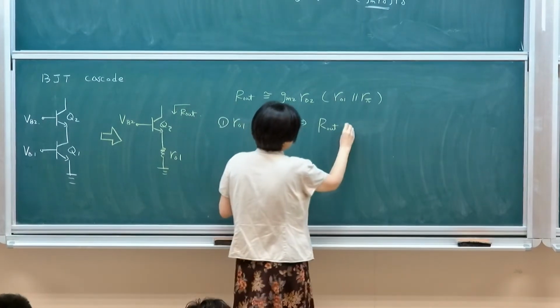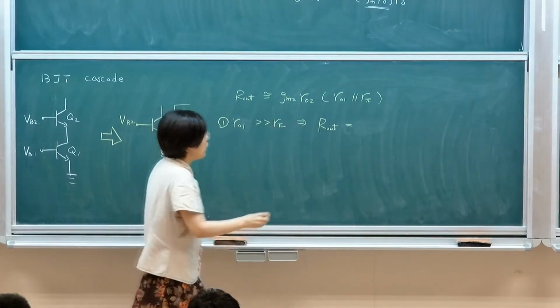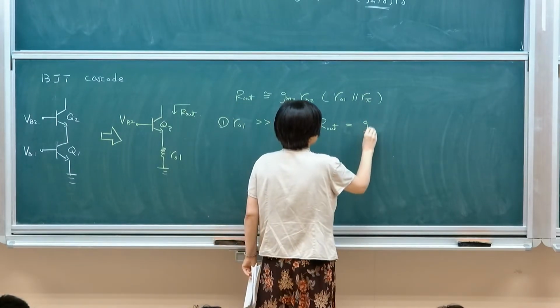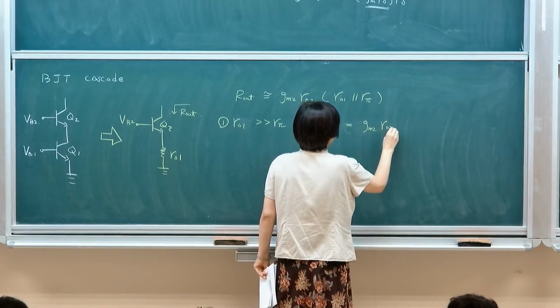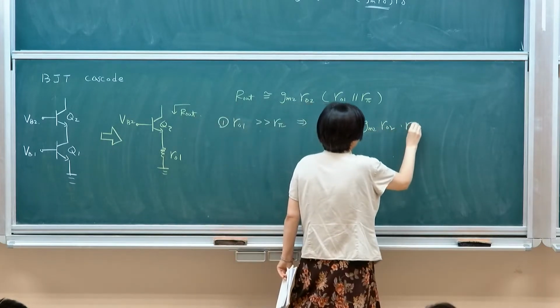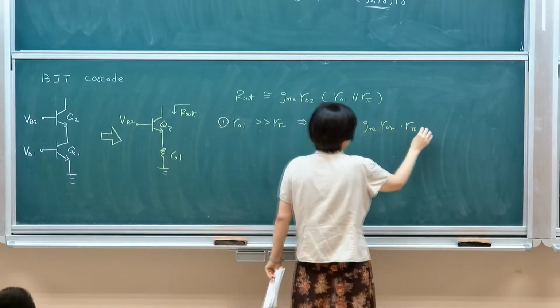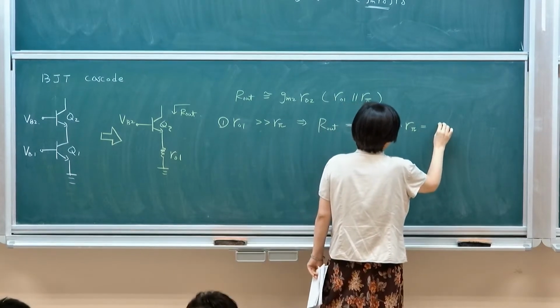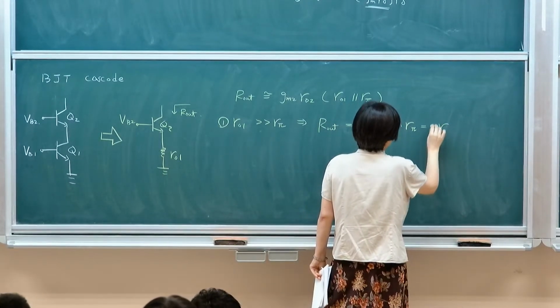Let me rewrite this. So this would then be GM2 RO2. Because RO1 is much larger, you see RPi. And therefore it will be GM RPi, therefore it is beta RO.